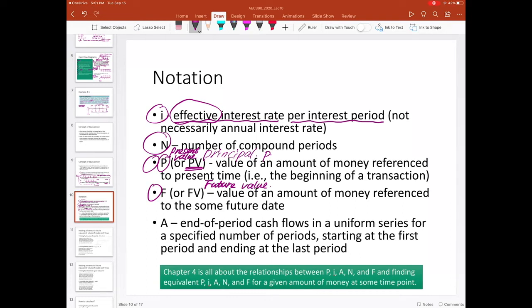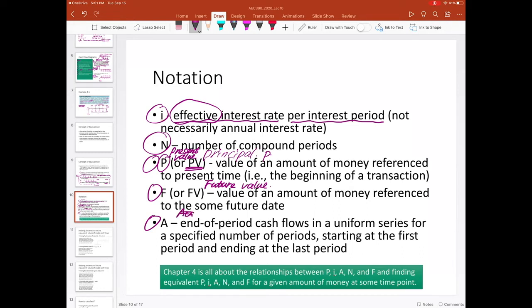Future value is the value of an amount of money referenced to some future date. So you can convert the cash flows to a future time, like the end of your project. That is also a single equivalent value of the cash flows, and that is also something you can compare to the other projects if you convert all the projects' cash flows into the future value. And as I said, you also can convert the cash flow into something called an annuity, which means the same uniform amount occurs at the end of each interest period.